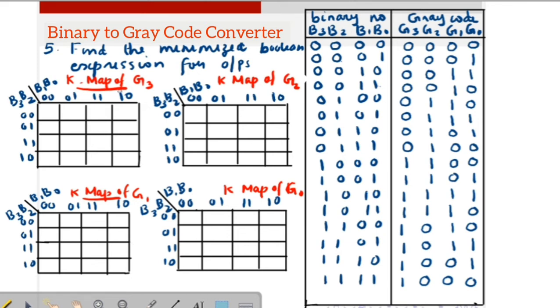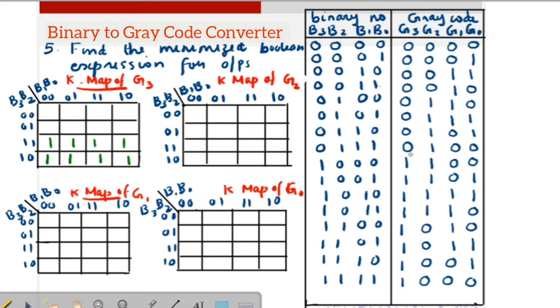So first we can write them in terms of G3. G3 is equal to 1 in the case of 1 0 0 0, then 1 0 0 1, then 1 0 1 0, 1 0 1 1, 1 1 0 0, 1 1 0 1, 1 1 1 0 and 1 1 1 1.